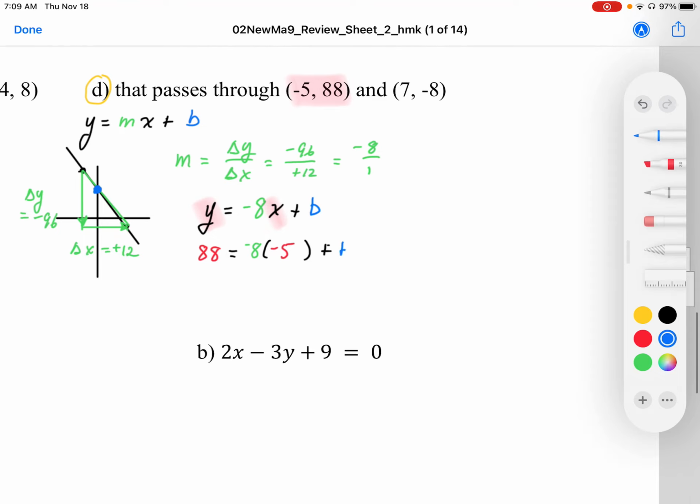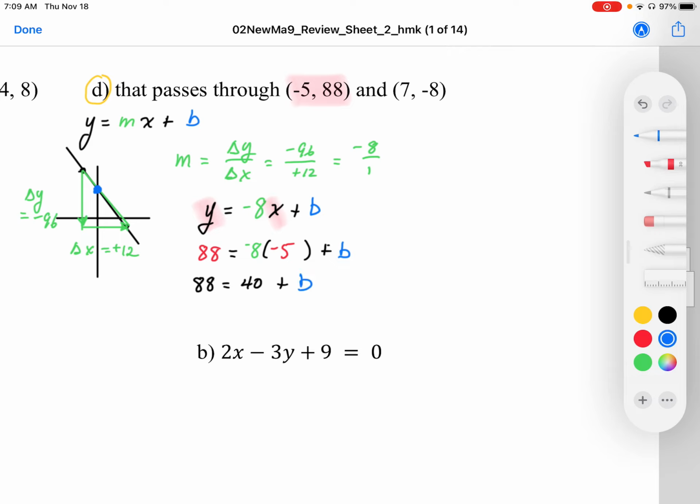Plus the b value. Now, in doing this, I have generated an equation which only has one variable, and I can solve this equation. So I get 88 is equal to positive 40 plus b. And I can see that b is going to be 48.